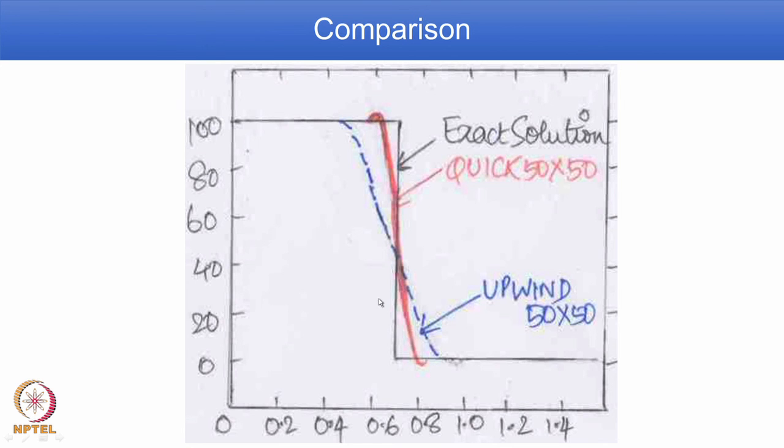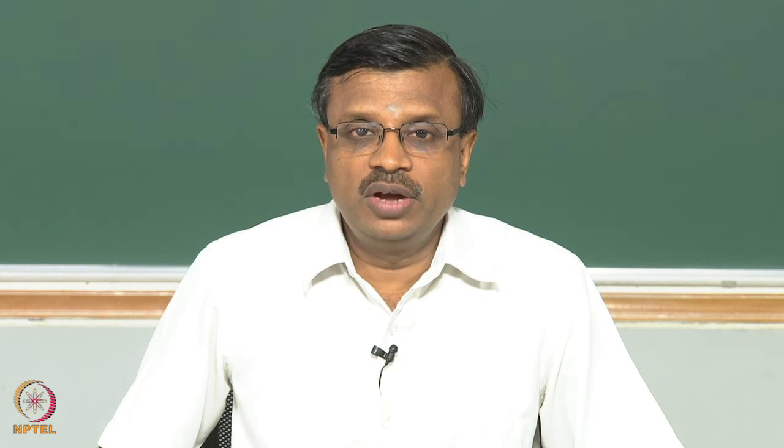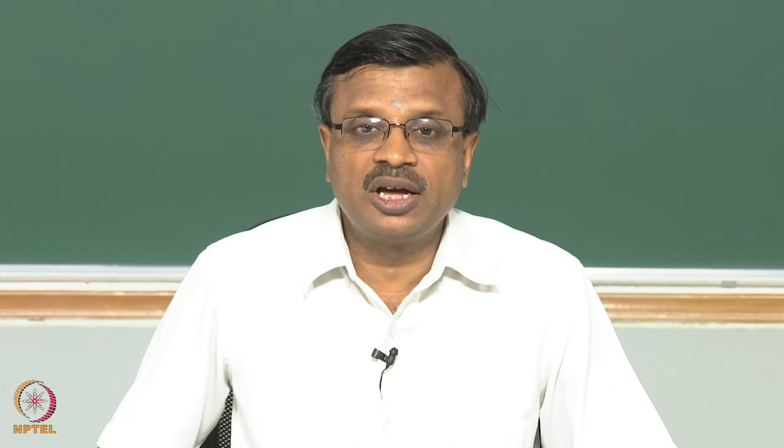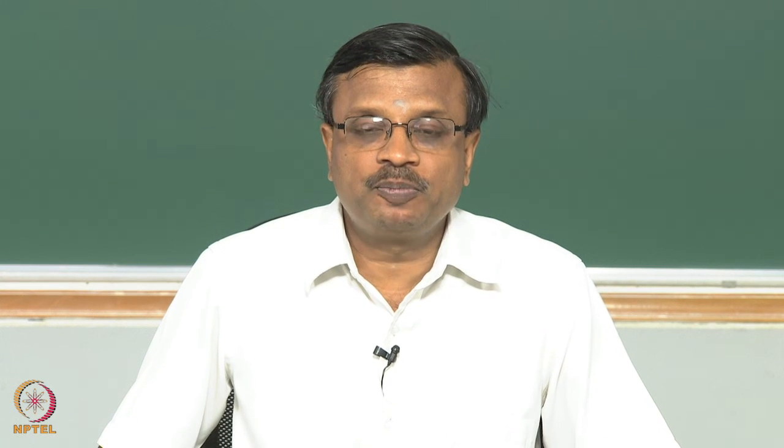So, in today's class we have seen in detail about QUICK formulation. I described in detail two situations, when the flow is from left to right and when the flow is from right to left, how to evaluate the variable value on east phase and west phase accordingly from a generic quadratic interpolation formula.